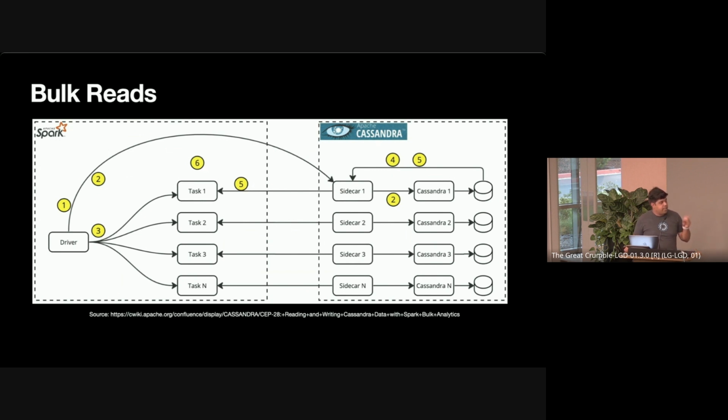Once that happens, the individual tasks are reading data which is in a subset of the cluster. They are connected to the Cassandra database itself, and also the disk is shared. So they have direct access to the disk that Cassandra is on, right? We pull the SSTables into the task, and then the task materializes the data.